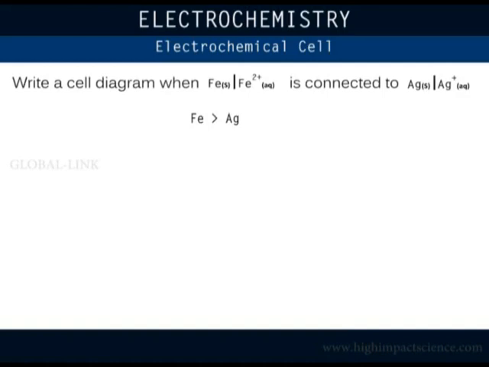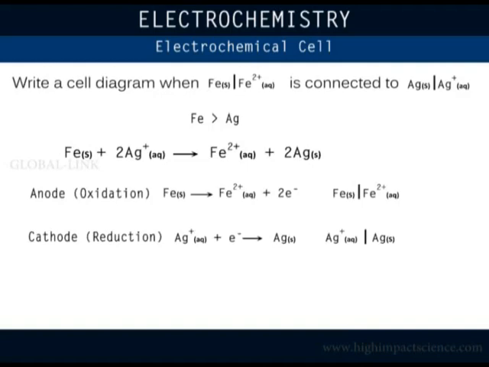If we start with an ionic equation, iron plus silver ions gives us iron 2 ions plus silver. The half equations are shown here. And so the cell diagram will be iron, iron 2 ions, salt bridge, and then silver ions, silver.